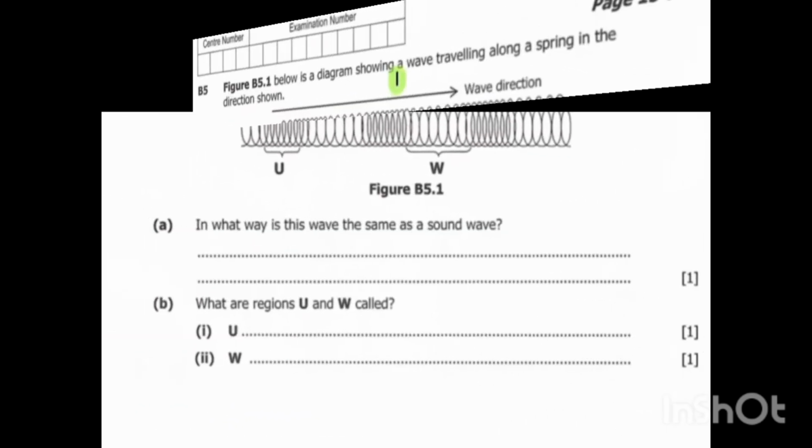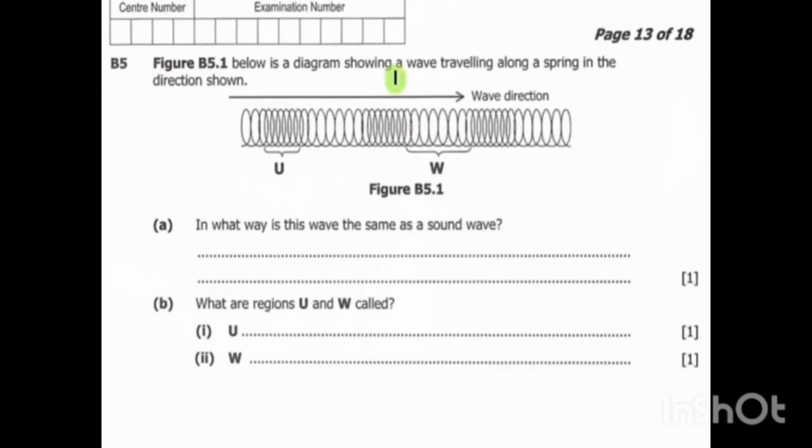Okay, so the first question was in section B, the question on waves. The question reads, figure B 5.1 below is a diagram showing a wave traveling along a spring in the direction shown.